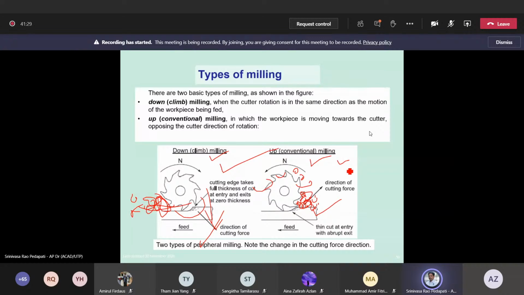If the application is light material removal, we go for this, because chips are not the problem, the surface finish is the problem. So this is how we select up milling and down milling, with their relative advantages and disadvantages, based on your need. So this is the difference.